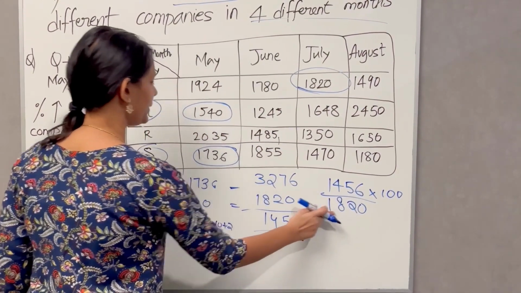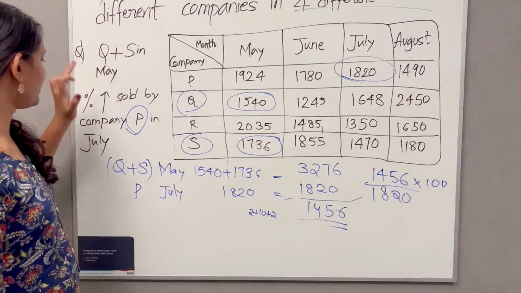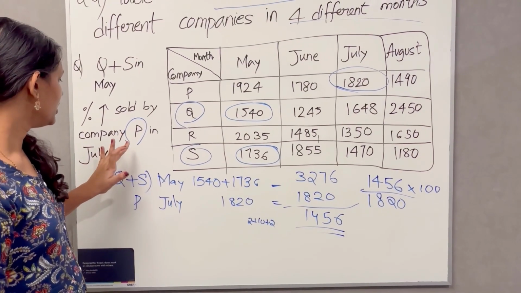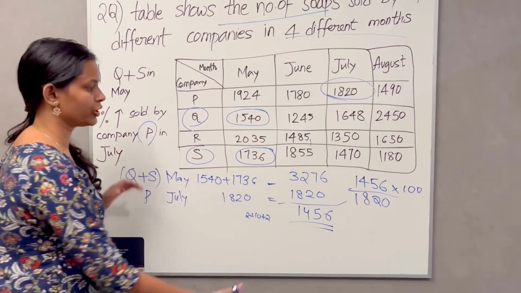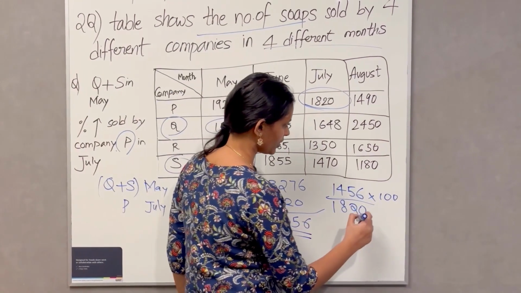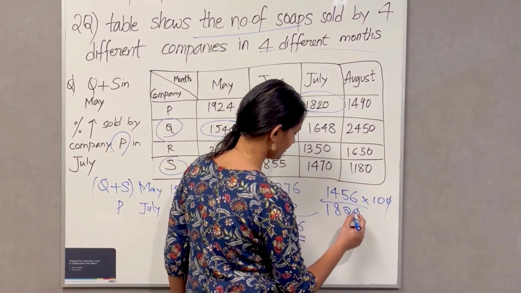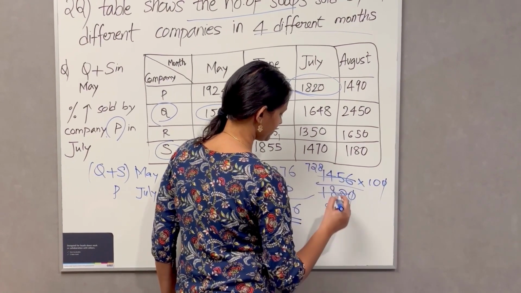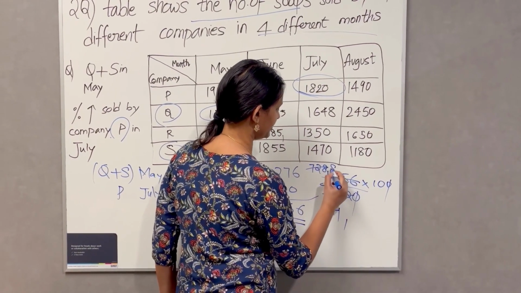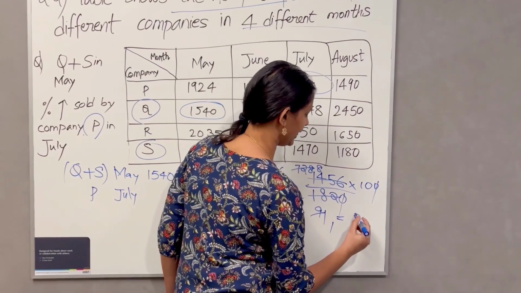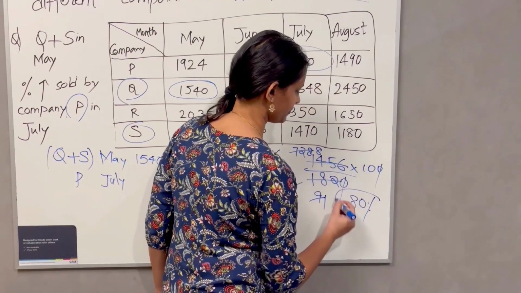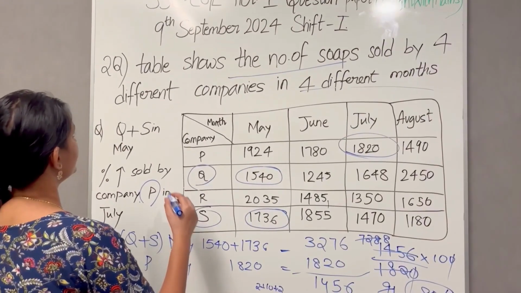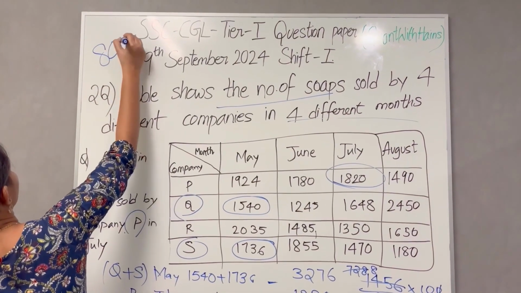Here we use 1820 because we are comparing with company P in July. The one with which we are comparing should be in the denominator. All that is left is cancellation. 2 7s are 14, 2 2s are 4, 8. 1 8 times, so 8 into 10, 80%. So 80% is our answer.